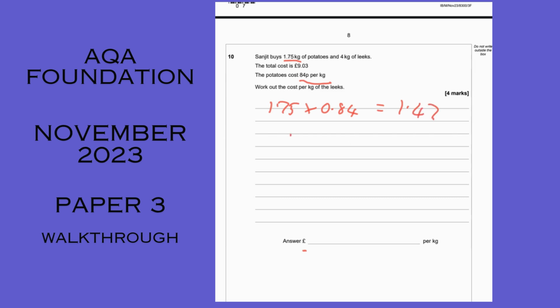Total cost. So let's do a subtraction because that will tell us how much the leeks cost. £7.56. And if there's 4 kilograms, we divide by 4. So a kilogram of leeks is £1.89.